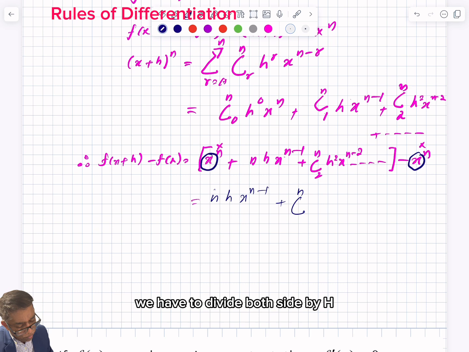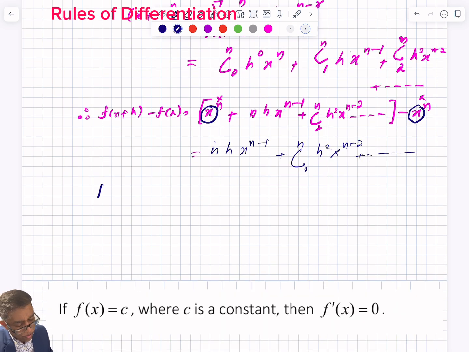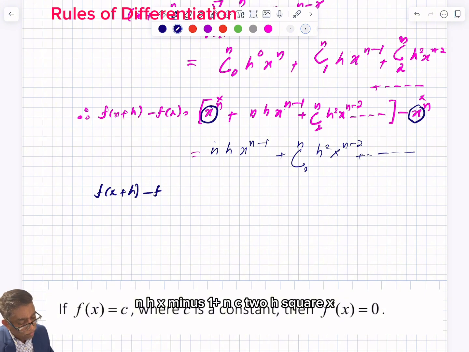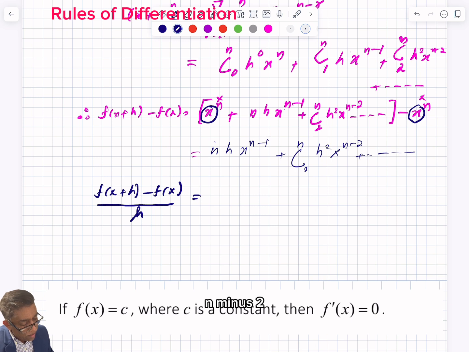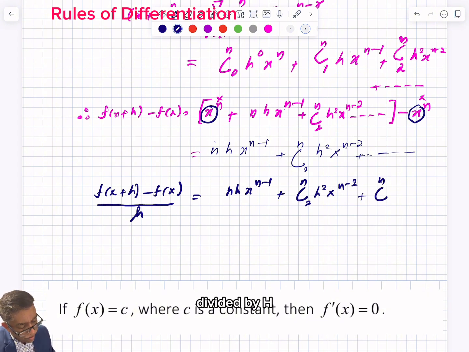We have to divide both sides by h. So n h x^(n-1) plus nC2 h^2 x^(n-2) plus nC3 h^3 x^(n-3), and so on, divided by h.